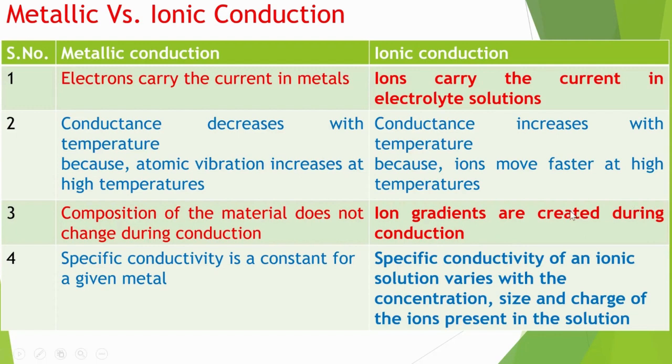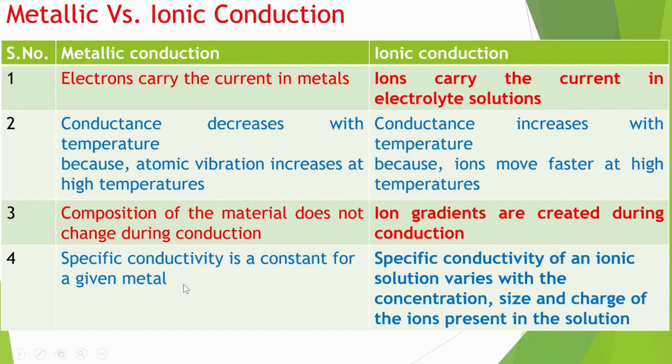That is, cations will move towards the negative electrode, and anions, in this case sulfate ions, will move towards the positive electrode. Before passing electricity, the ions were evenly distributed in the solution. After passing electricity, the ions are not evenly distributed. There are gradients. Near the positive electrode, more negative ions are accumulated. Near the negative electrode, more positive ions are accumulated. That is what we call gradients.